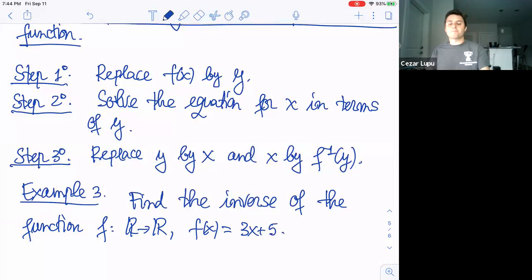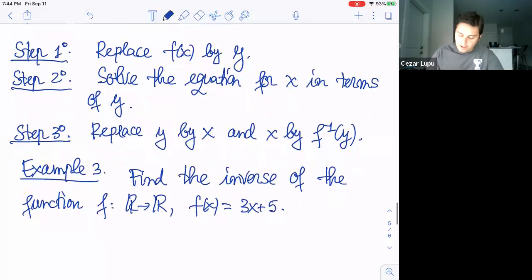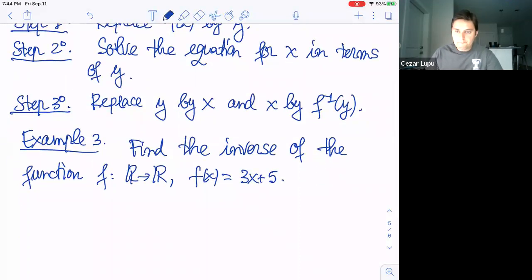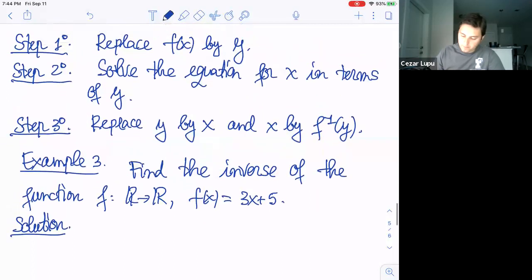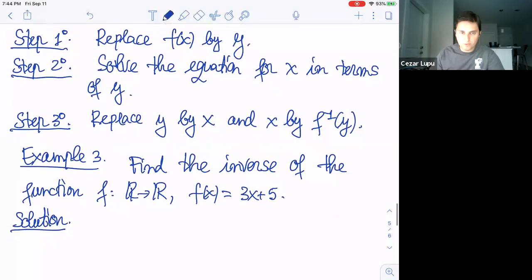We have this function and we want to find its inverse. Well, clearly this is a one-to-one function. So step one, let's apply the above steps. This is quite easy, very straightforward to do.